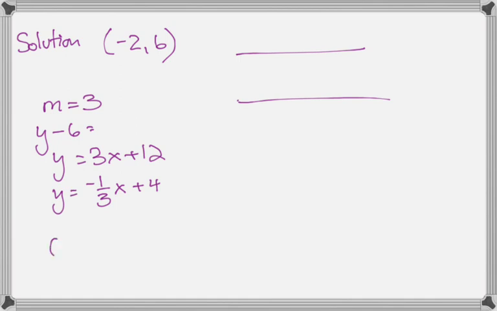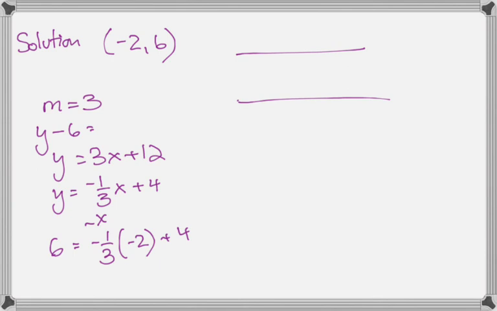Okay, let's see. If 6 equals negative 1/3 times negative 2 plus 4, I can tell you that's not 6 because of the 1/3. But if you make this a negative x, and then you plug in a negative 2, that would give you a positive 6.